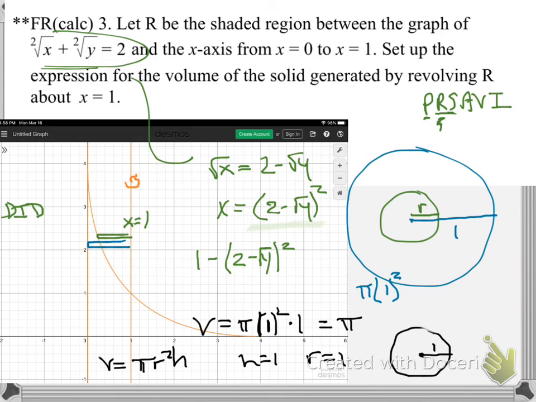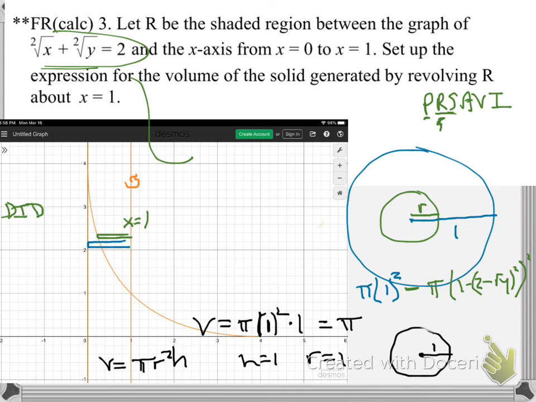But then we need to take away the other one, the green circle, right? So it's going to be subtract pi multiplied by 1 minus 2 subtract the root of y. Parentheses are important here, right? All that squared. Maybe I need to get this a little bit bigger so we can all see this.